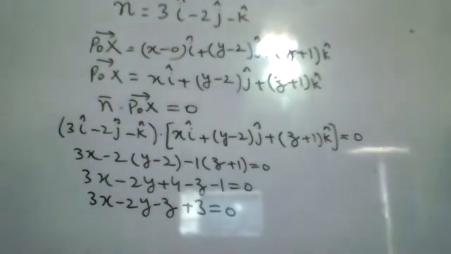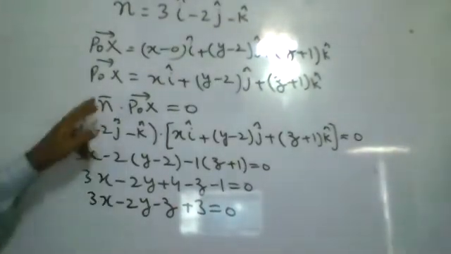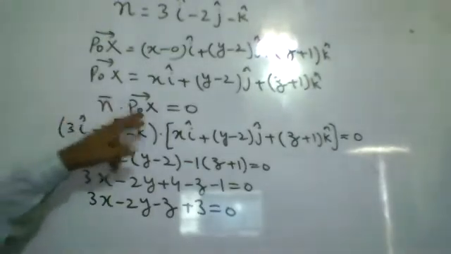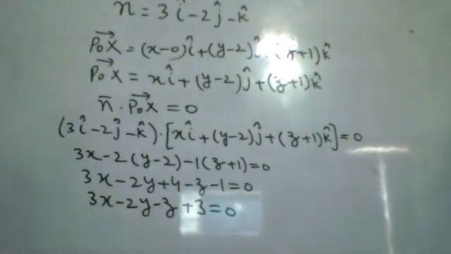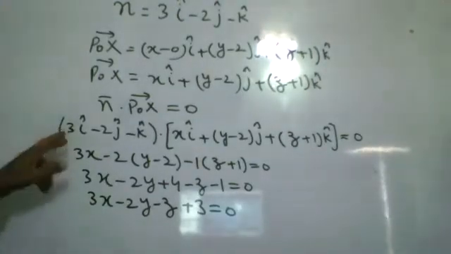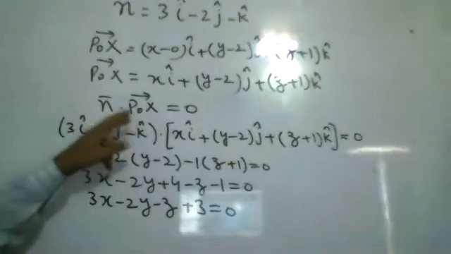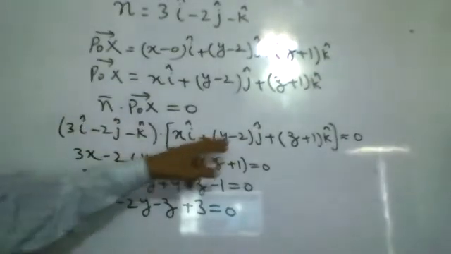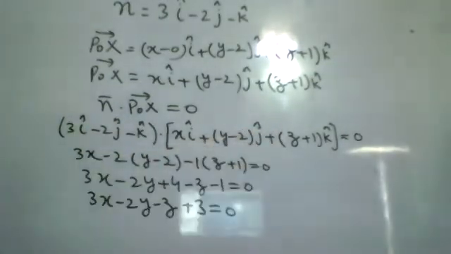The dot product is commutative. You may write any vector first. So n dot P naught X. N is 3i minus 2j minus k. P naught X is xi plus y minus 2 j plus z plus 1 k.